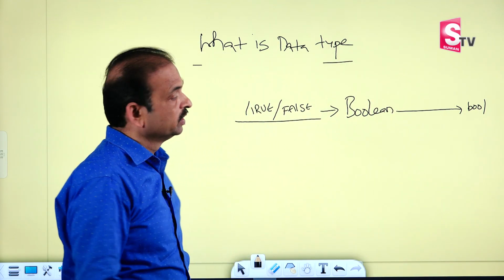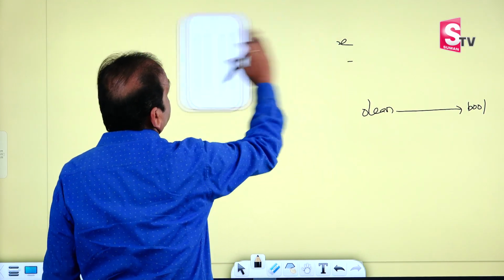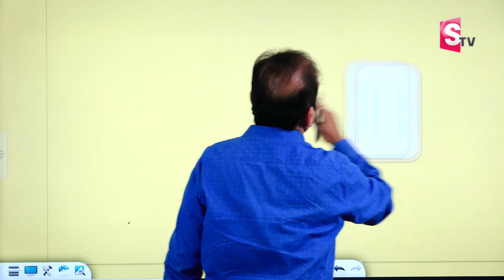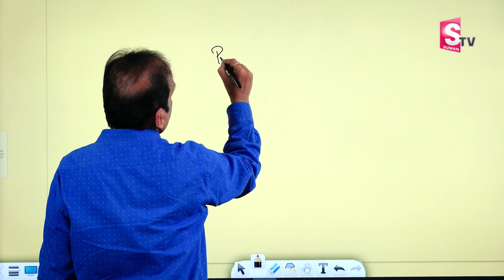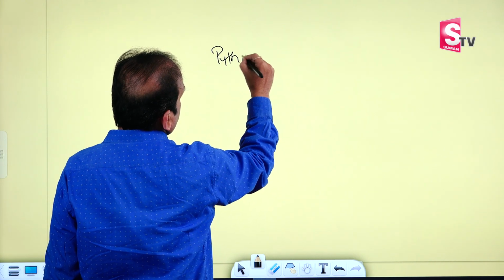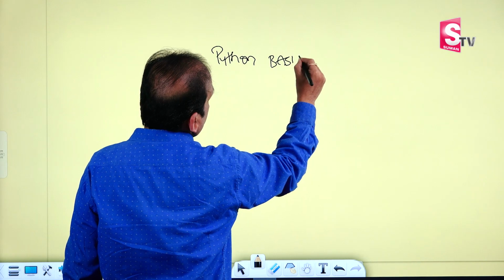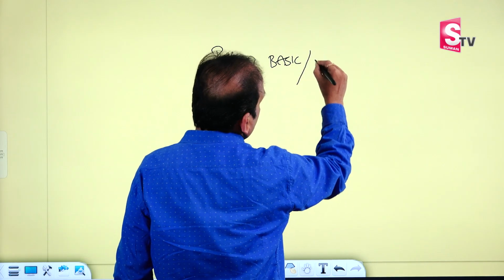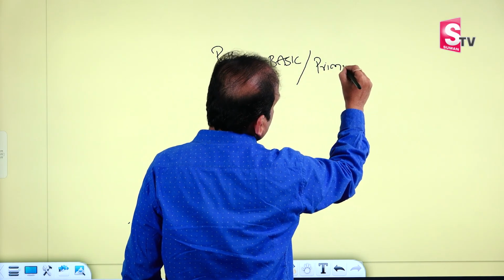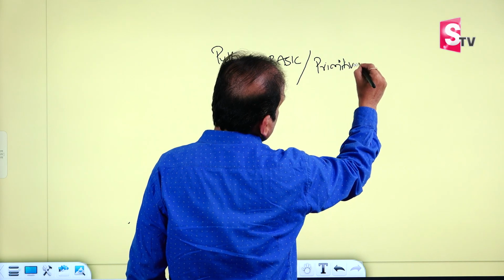So these are the basic data types of Python. We can say basic, or we can say primitive data types.